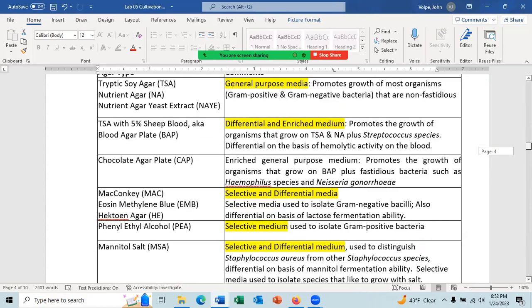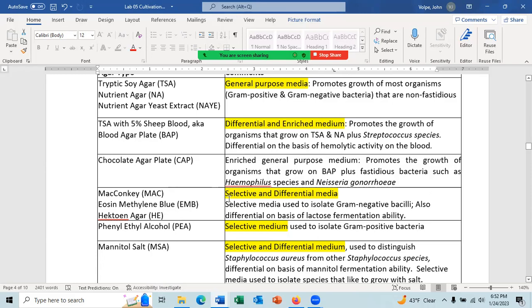Then our next one is selective and differential media, and that includes MacConkey's, also called MAC, eosin methylene blue, also called EMB, and Hektoen agar, called HE agar, and they're both selective and differential. They're selective in that they are used to isolate mostly gram-negative bacilli.